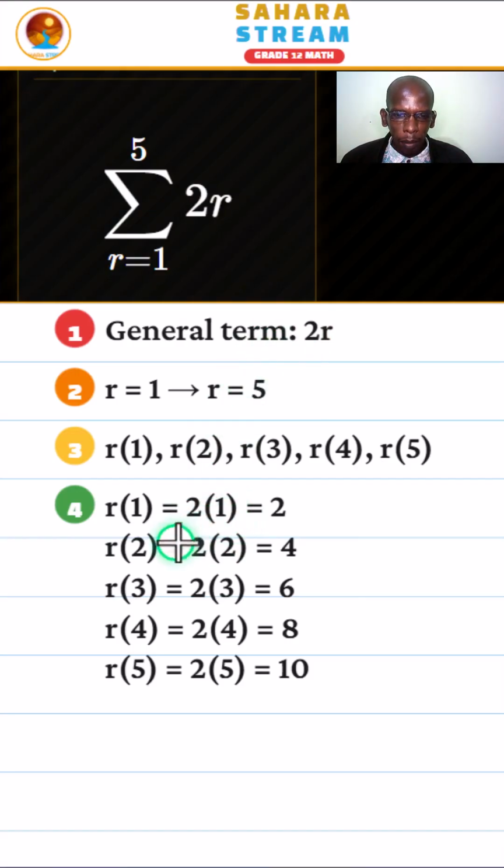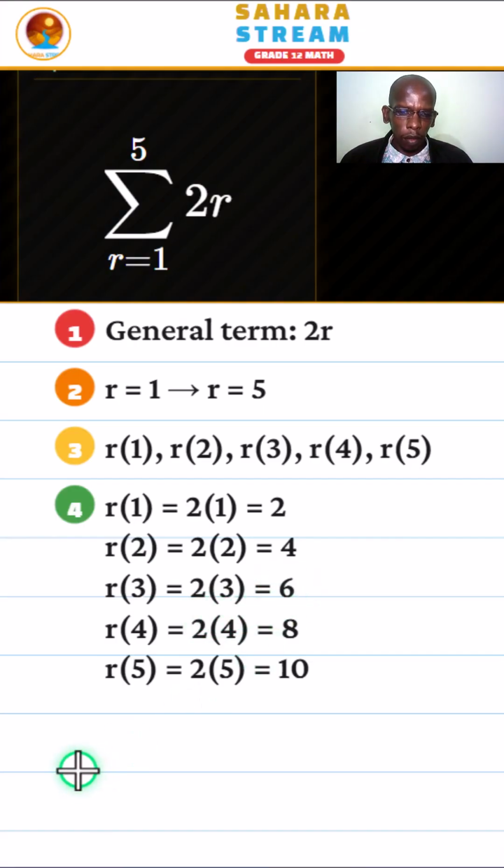Then we multiply by the position of the first term, which is 1, so it becomes 2. So our first term is 2. Then we have r equals 2, the second term, and we have this 2 here, so now it becomes 2 multiplied by 2, which is 4. That is the second term. Then the third term will be the position, which is 3, multiplied by this 2, now becomes 2 by 3, which is 6.